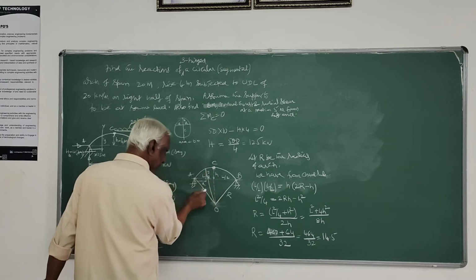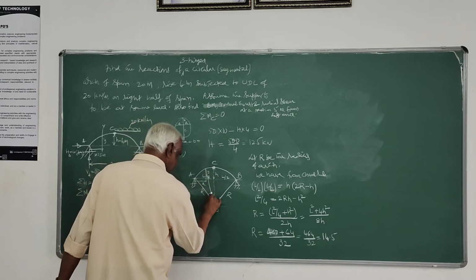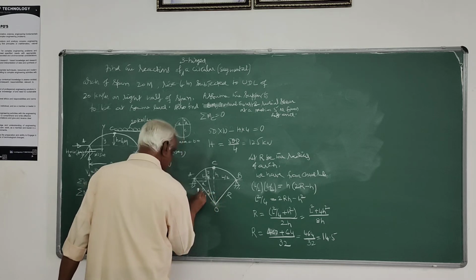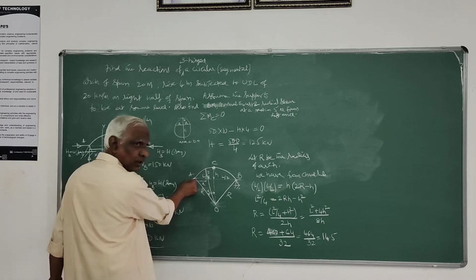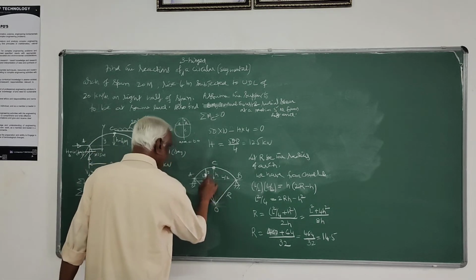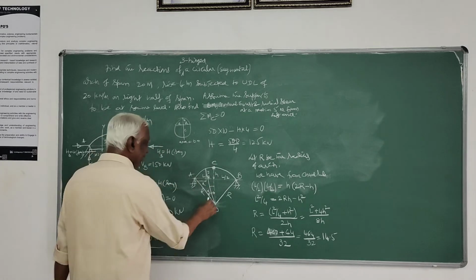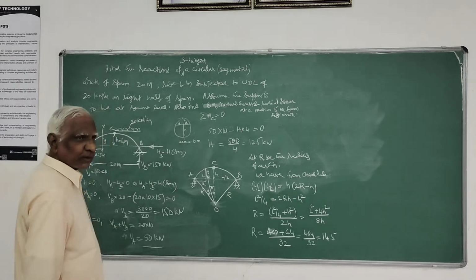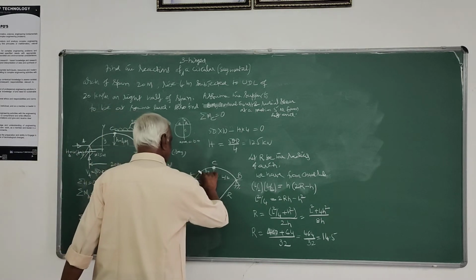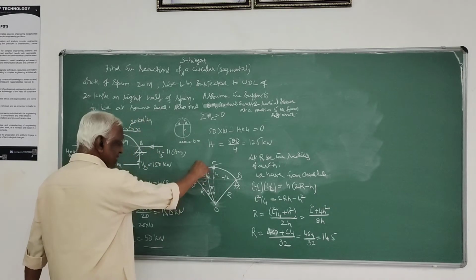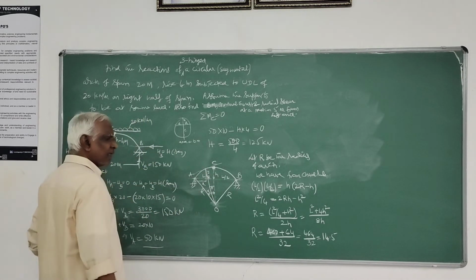Suppose OA, this angle we can call it as alpha, that is the angle subtended from one of the supports with the vertical apex. This angle at any section with again the vertical, we can call it as theta. This theta is required for computing normal thrust and radial shear. If you draw a tangent here, this is normal. Radius has to be normal to the tangent.